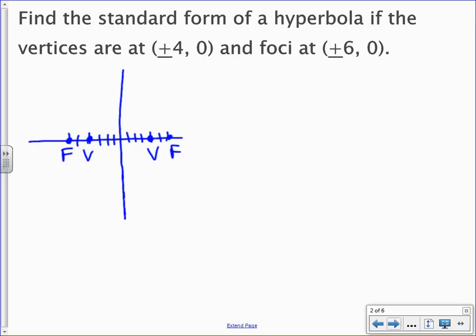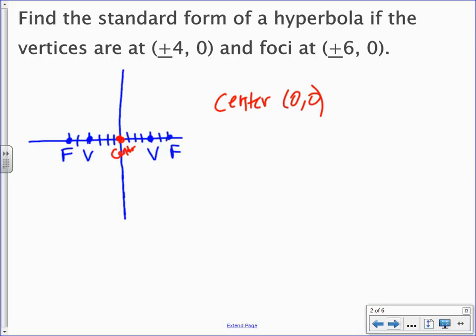Tell me one thing that we can take away from this. The center's probably at the origin. And why do you think that? Because the vertices are equal to this. Hey, what do you think about Matt's logic? Sounds good? Okay.